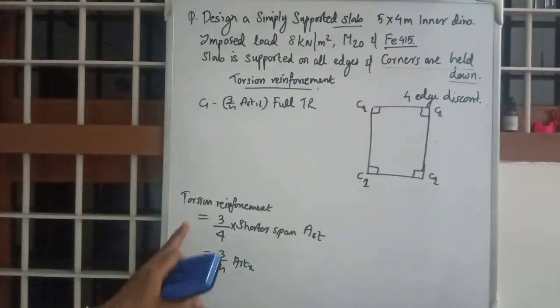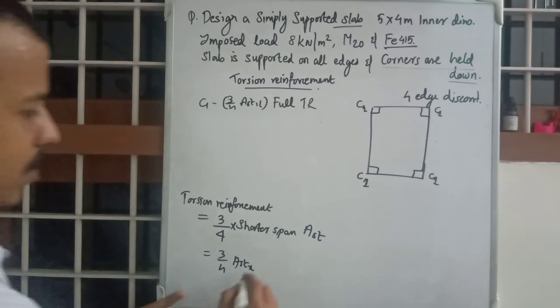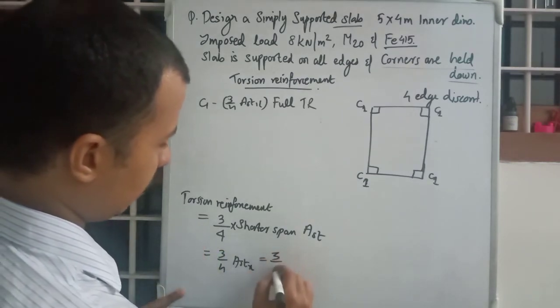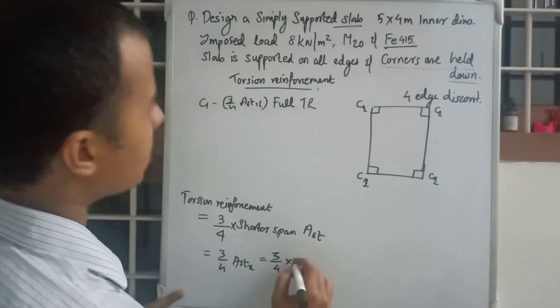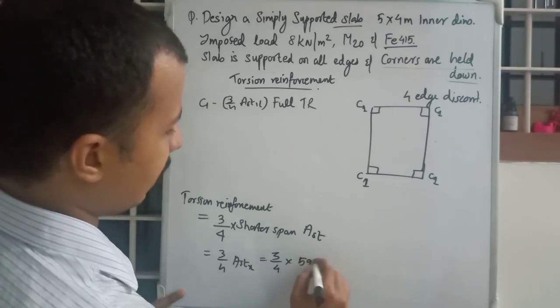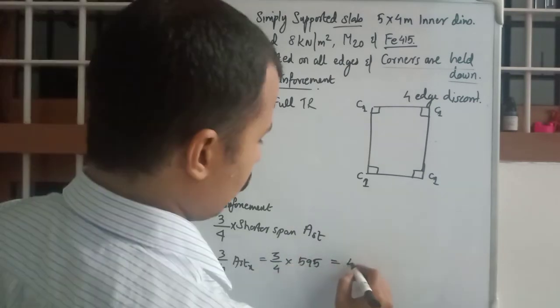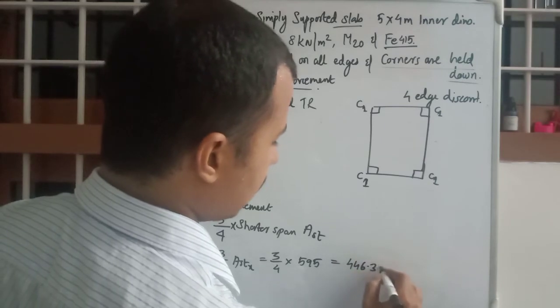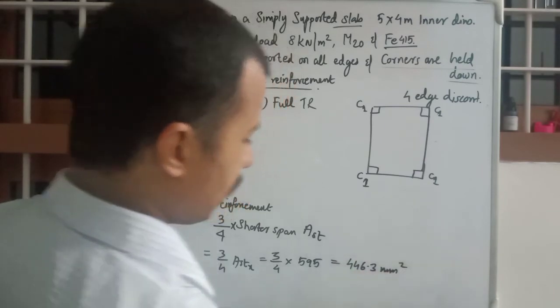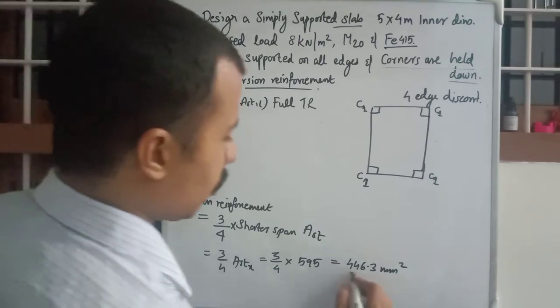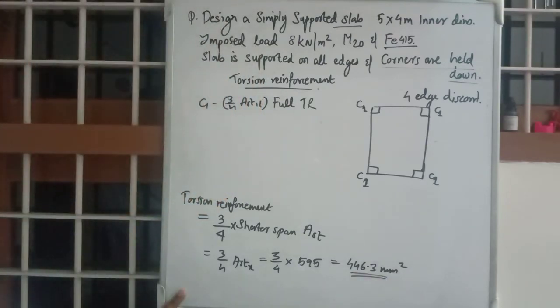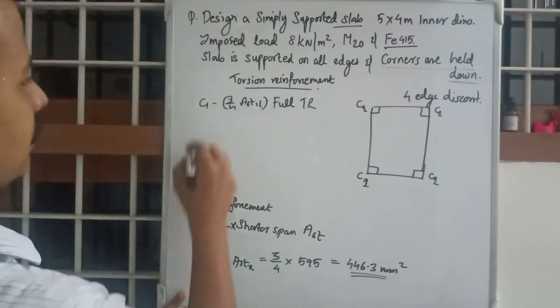You can calculate torsion reinforcement as 3/4 ASTX, that is 3/4 of 595, that is 446.3 mm square. We will calculate spacing.